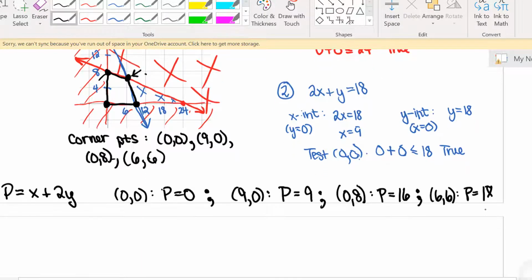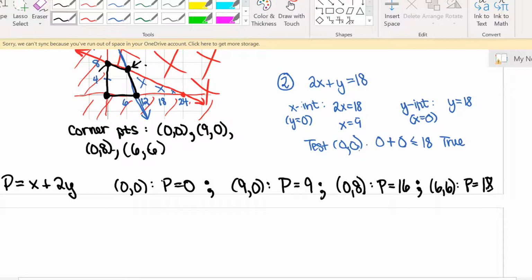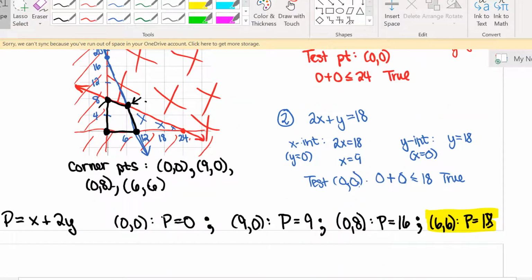And if we want to find the maximum, we just look at all of those answers and pick the biggest. So the last one we did, that is the biggest. The maximum value is 18. The optimal solution is the point 6, 6. So this right here, that's the optimal solution.